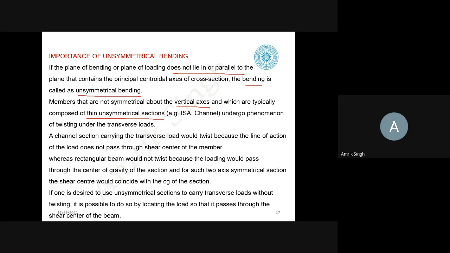These sections are thin, so that means along with the bending there will be twisting also. As an example, the thin channel section undergoes the phenomenon of twisting under the transverse load. So we'll see this in the coming portion of the lecture. Let me draw a figure.